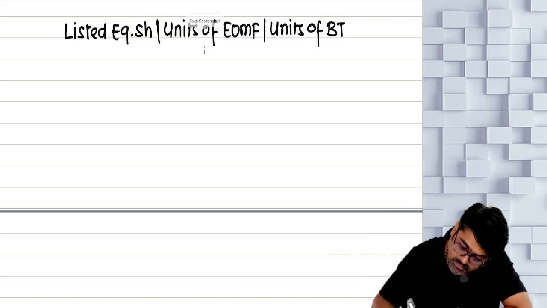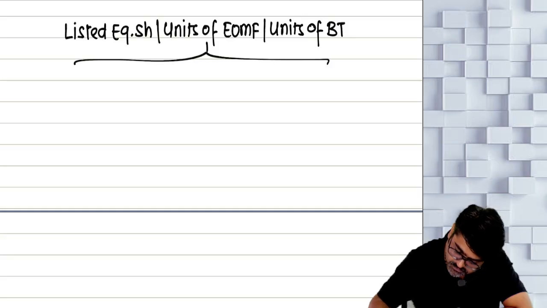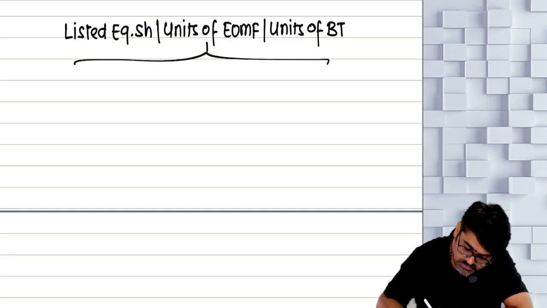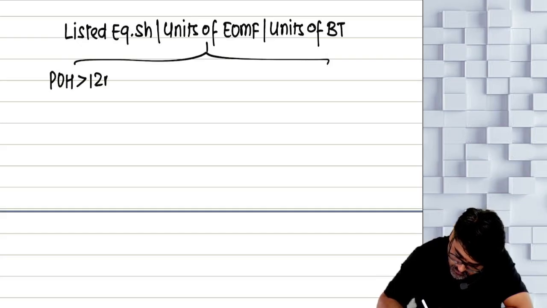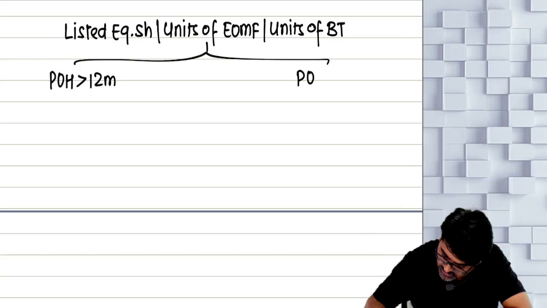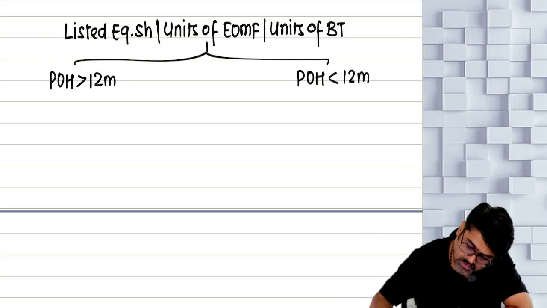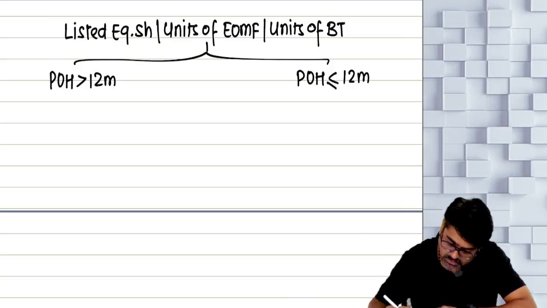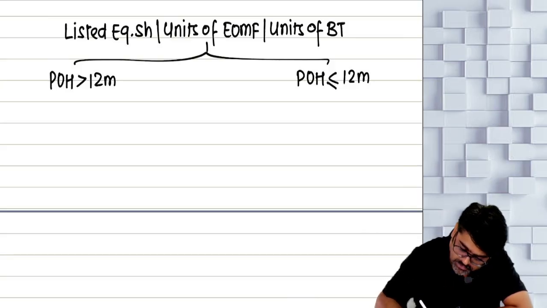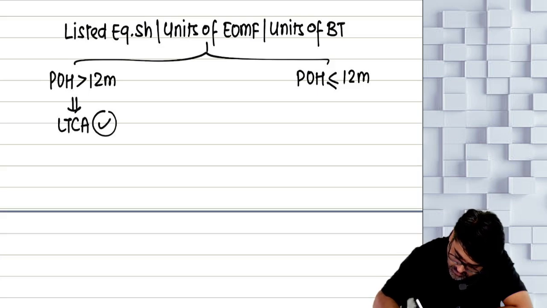Now see, if their period of holding is more than 12 months, and if their period of holding is less than or equal to 12 months, they will be long-term capital asset, yes or no?